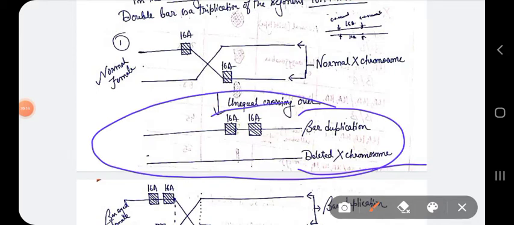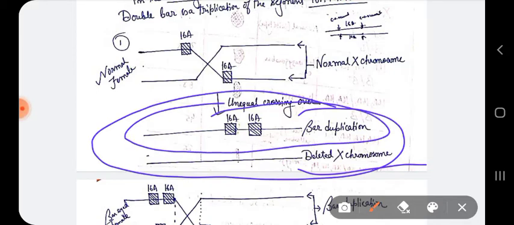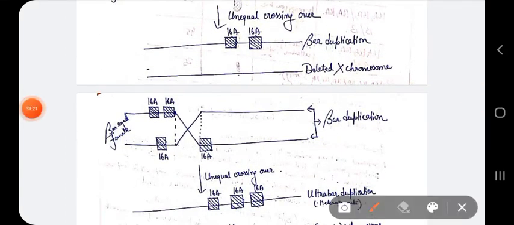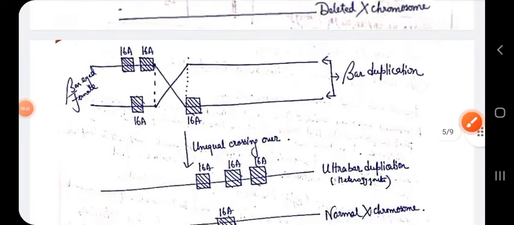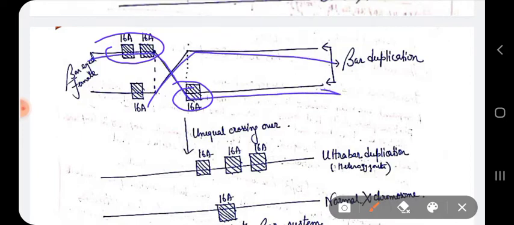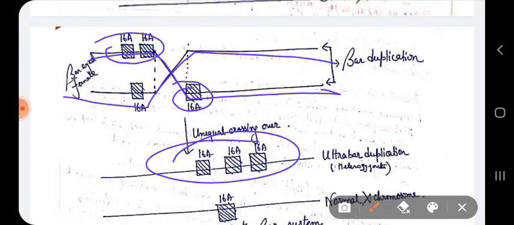You can see here. If this bar duplicated chromosome again in homologous pairing of chromosome, due to misalignment, has more unequal crossing over, as you can see here, unequal crossing over between the other homologous chromosome, that leads to an ultra bar like phenotype.